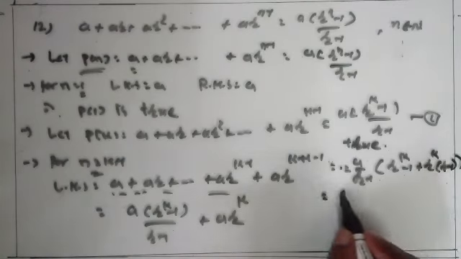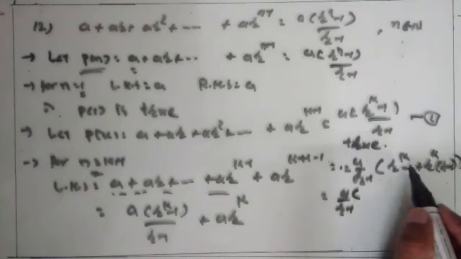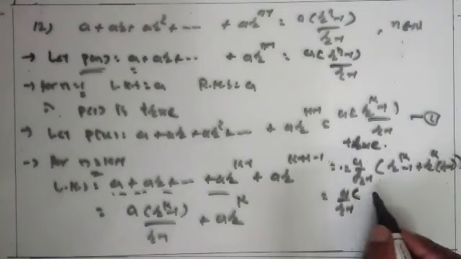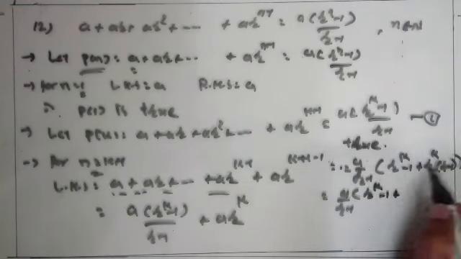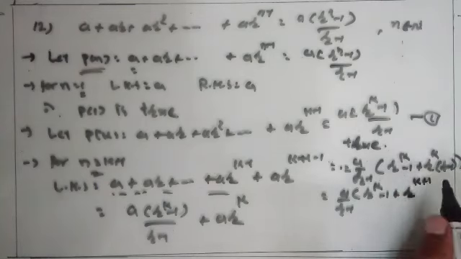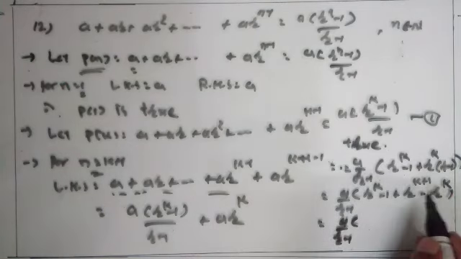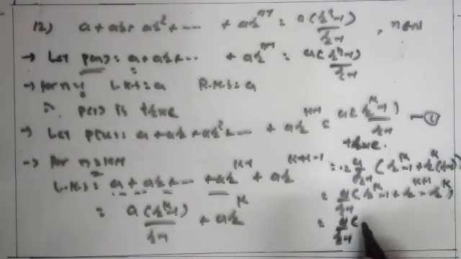So is equal to a upon r - 1 into r^k - 1 + r^(k+1) - r^k. Clear? So is equal to a upon r - 1 into, r^k cancels, so r^(k+1) - 1.